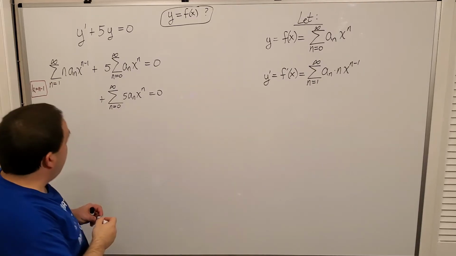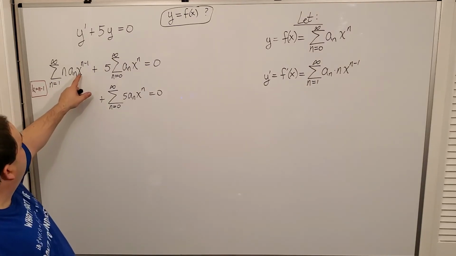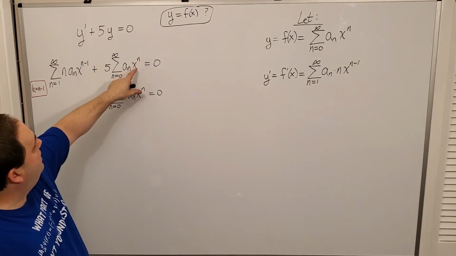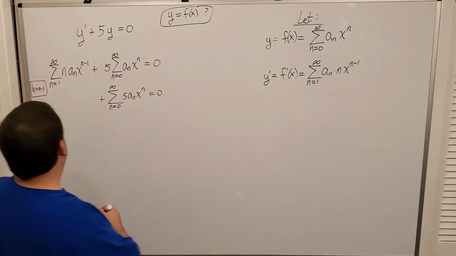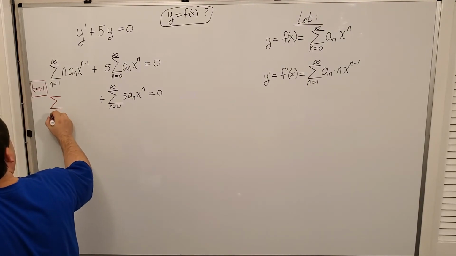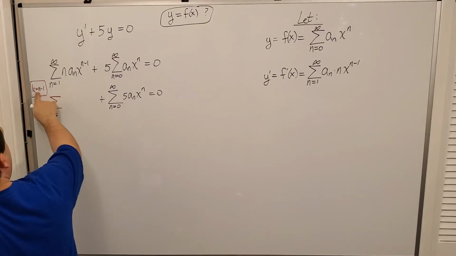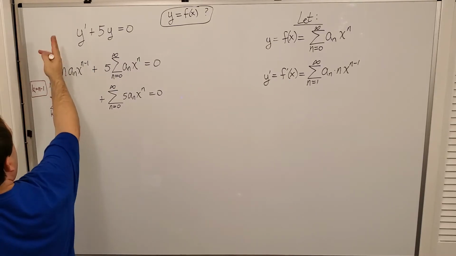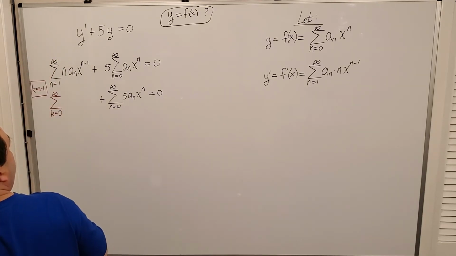If I let k equal n minus 1, notice this will be x to the k, which is the same kind of structure as I have here, x to the n. So I'll have a new summation, k equals n minus 1. 1 minus 1 is 0, and it's still going to go to infinity because you can't subtract 1 from infinity.